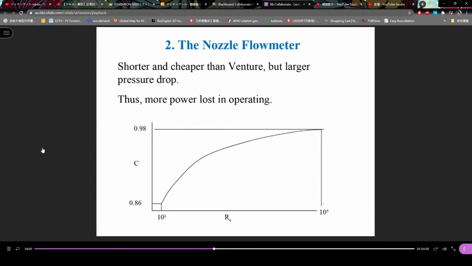Another instrument is called the nozzle flowmeter. It is shorter and cheaper than Venturi, but has larger pressure drop. I have shown you what a nozzle is. It's like this. It's a nozzle. So this is water flow.